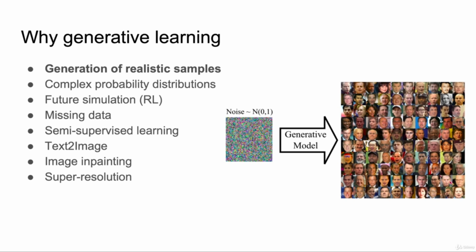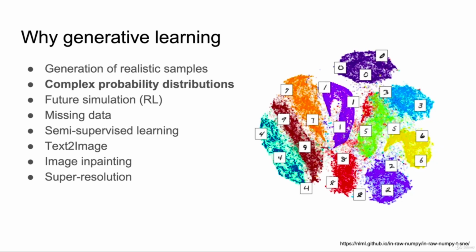Now let's consider, why do we need generative learning? There are many possible applications. The first application is generation of realistic samples, of realistic images, which can be used in some articles or books or papers. The second application is complex probability distribution estimation.